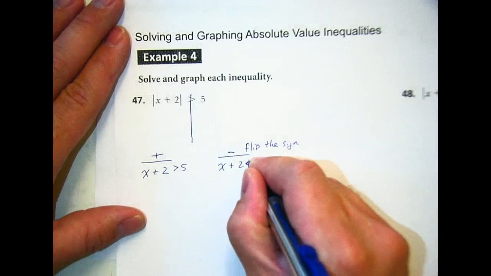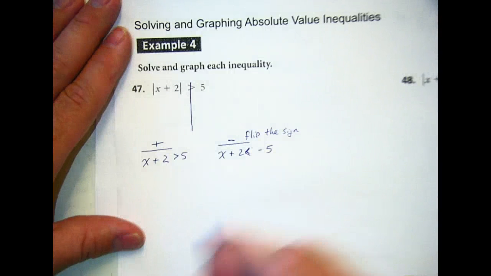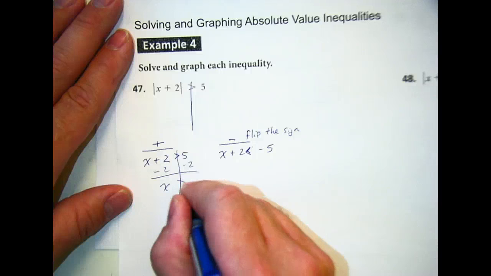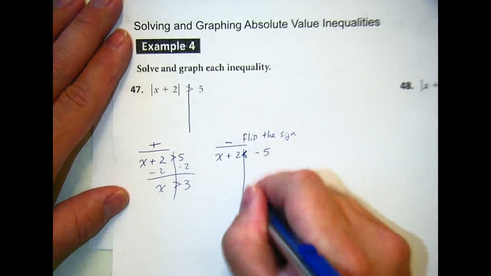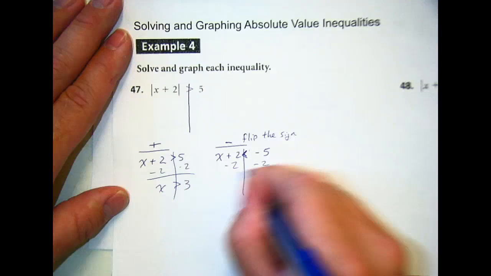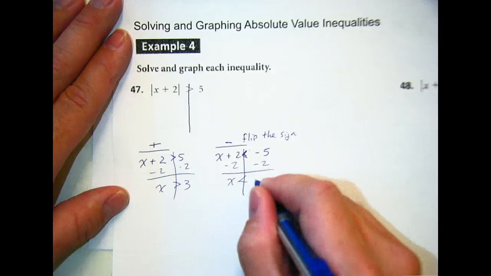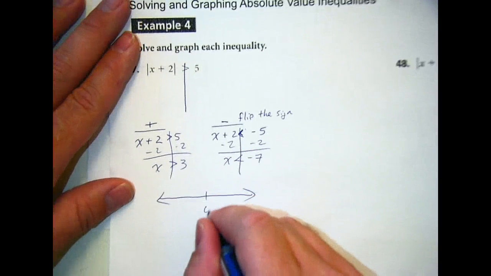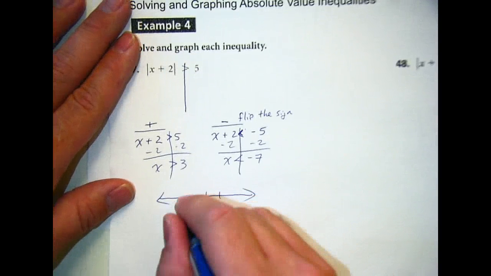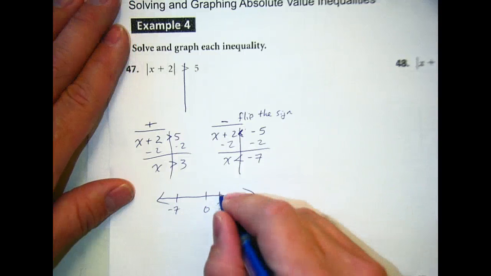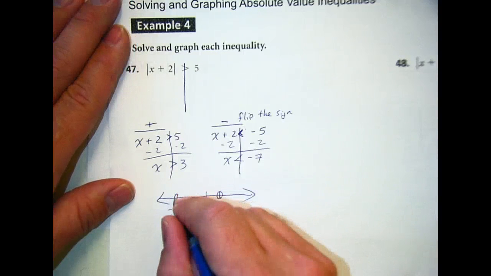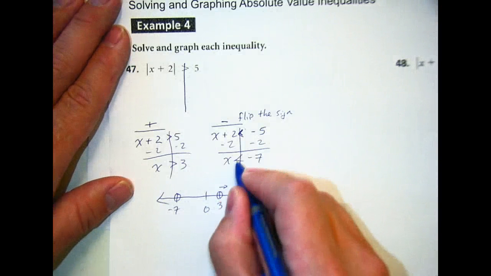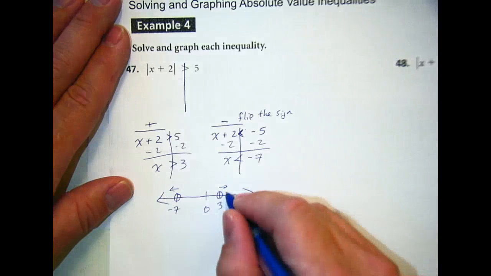That's now there. Okay, so if I solve this, I subtract 2 on both sides, I get x is greater than 3. Here I subtract 2. X is less than negative 7. When I graph, that's 0, that's 3, that's negative 7. They are both open circles. The 3 shades that direction. This one shades that direction.